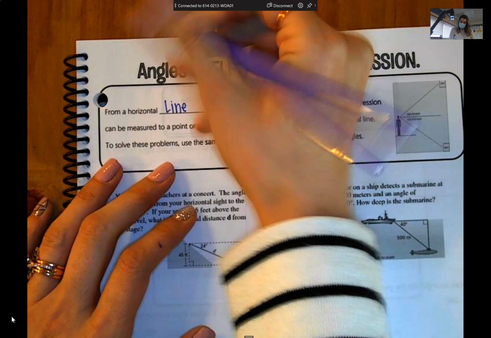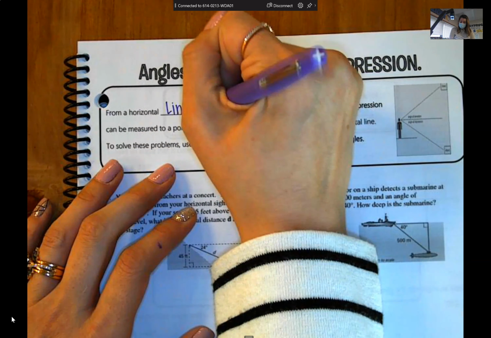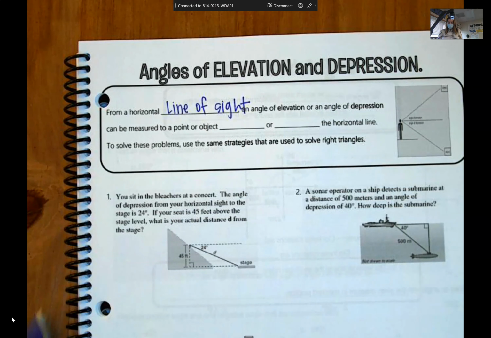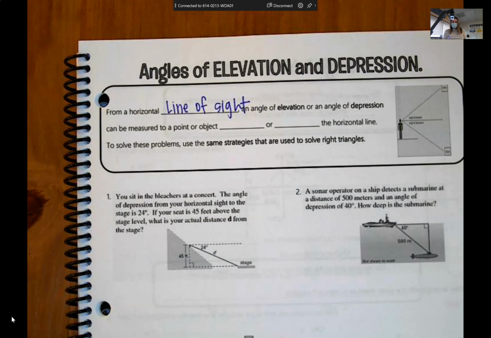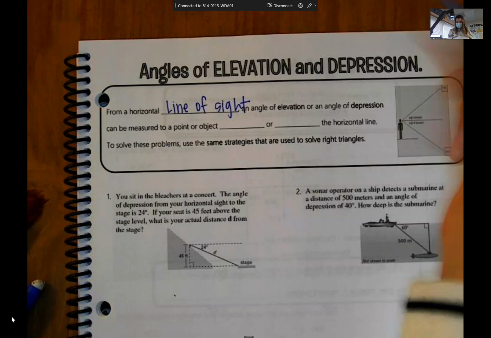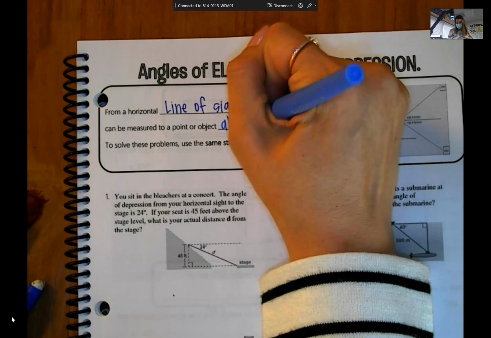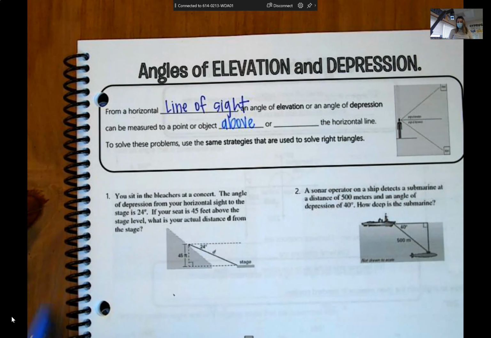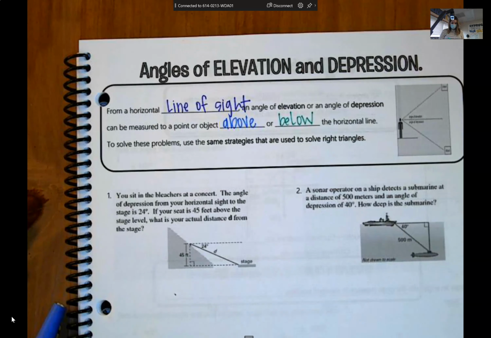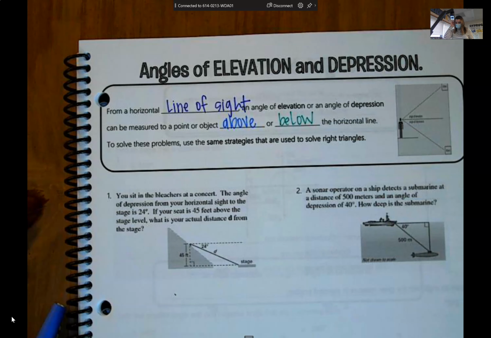From a horizontal line of sight, an angle of elevation or an angle of depression can be measured to a point or object above or below the horizontal line. That's so many words, but the real situation is much easier.